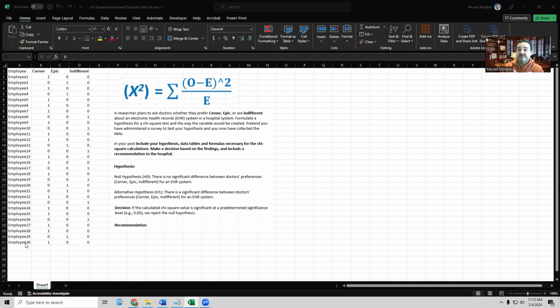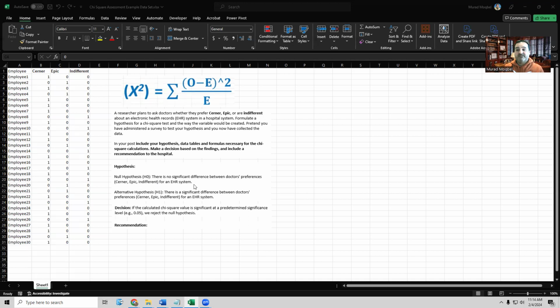So we have 30 employees. The expected, or the null hypothesis, is telling us that 10 people will select Cerner from those 30, 10 people will select Epic, and 10 will be indifferent. So this is where we say the null hypothesis: there is no significant difference between doctors' preferences in terms of Cerner, Epic, and indifferent for the electronic health record system.